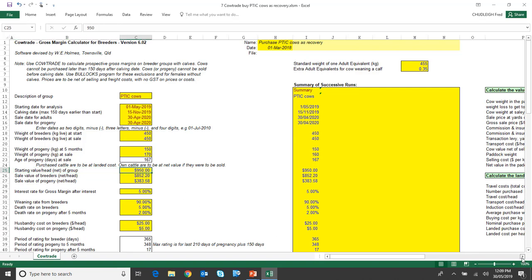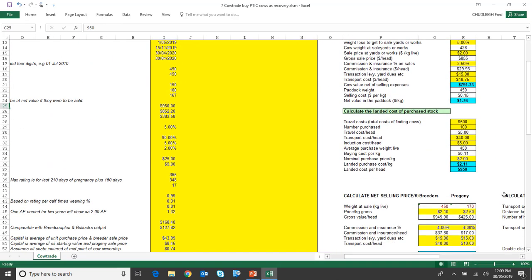Where did we get that from? Because we're buying these cattle, we come over here into our calculate the landed cost of purchase stock. So we've got to spend $500 to find them. We're going to buy 100. Doesn't matter how many we buy. We could buy one cow and calf unit and get per adult equivalent analysis. We've got $40 to spend on getting them back to the property.